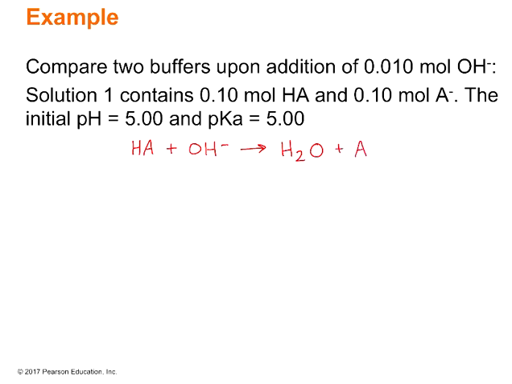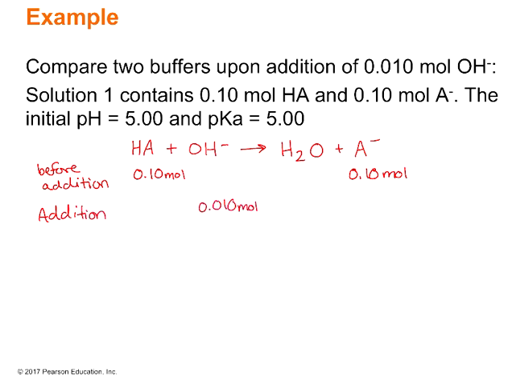And then what's left over is the conjugate base. So before addition of any strong base, we said that we have equal amounts of acid and base. And then we're going to add 0.01 moles of strong base.